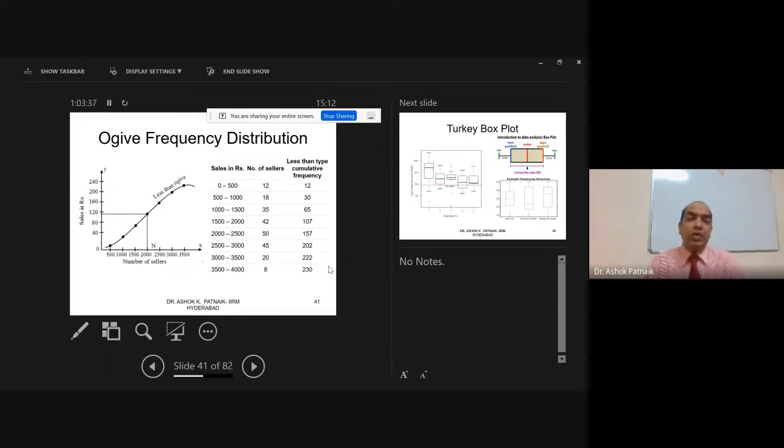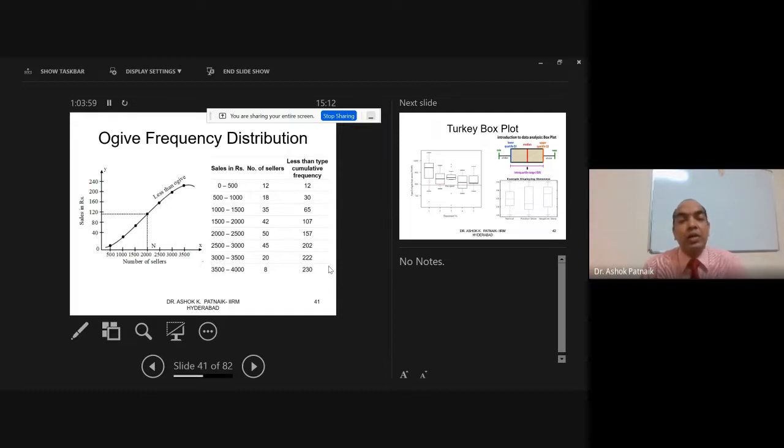Ogive frequency curve, as I have told you, here you need to bring out the cumulative frequency of the frequencies, and you need to add them. Like you can see here, 12 is added to 18, that becomes 30. 30 is added to 35, that becomes 65, like that. And those points you try to plot on a same like frequency curve type.